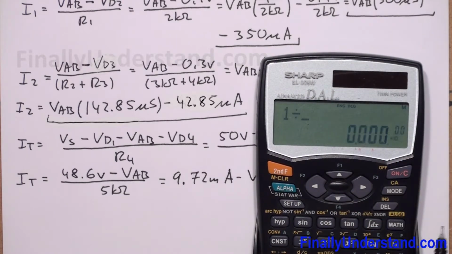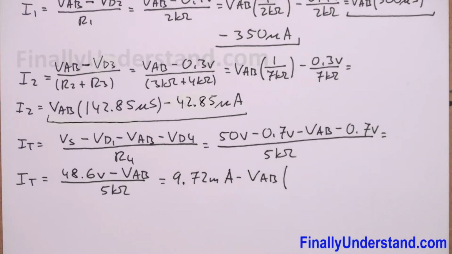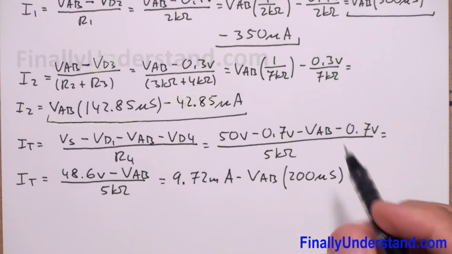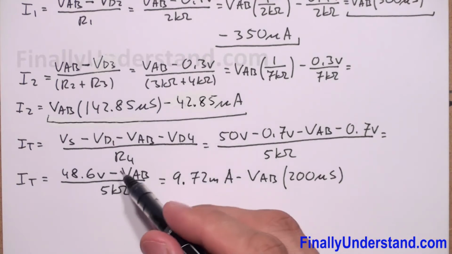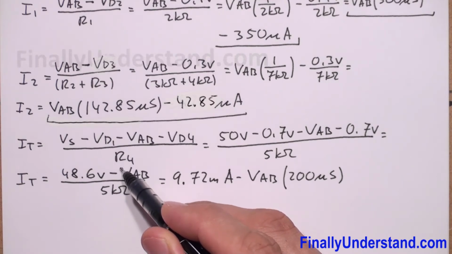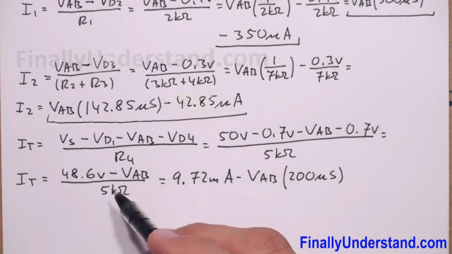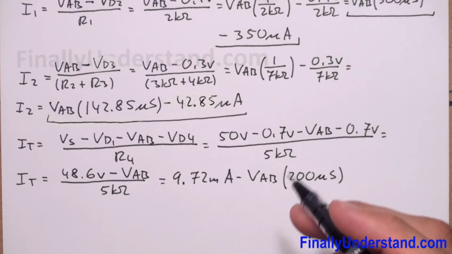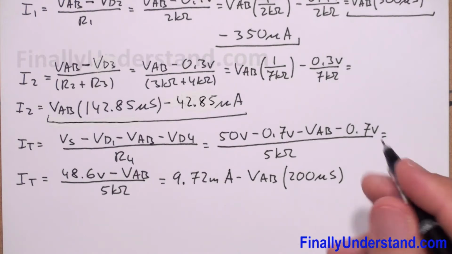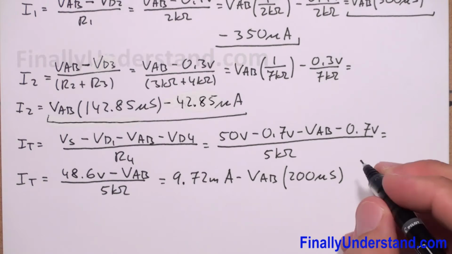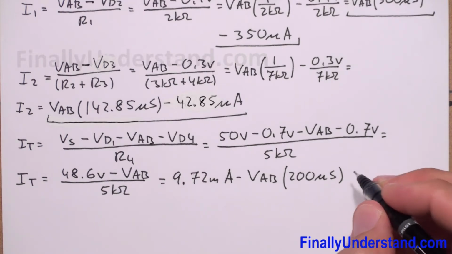So I have 1 divided by 5 times 10 to the third, which equals 200 microsiemens. Keep in mind that anytime there is no coefficient next to the variable, there is always an invisible one. That's why I divide 1 by 5 kilohms. If you do not understand what I'm doing over here, you're supposed to repeat the mathematics lessons about fractions.